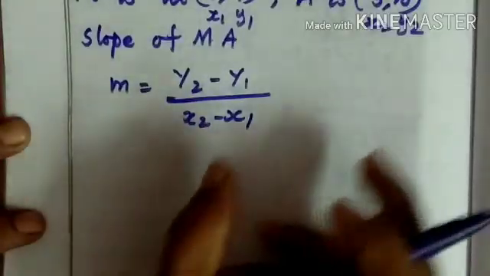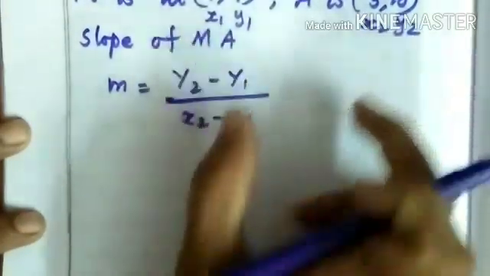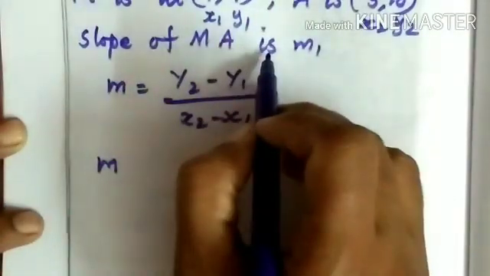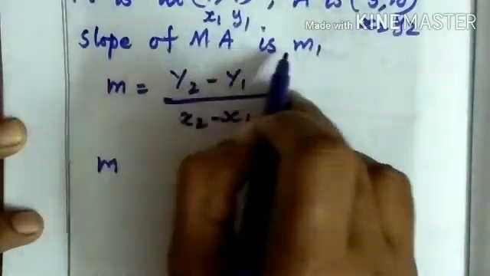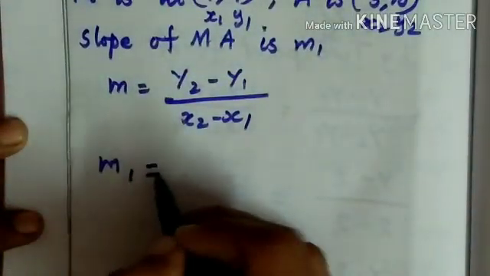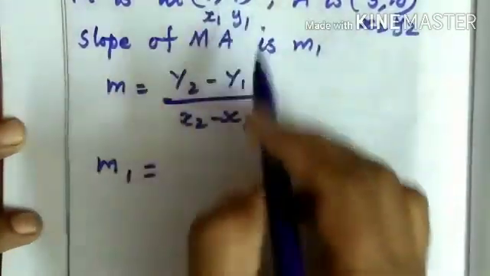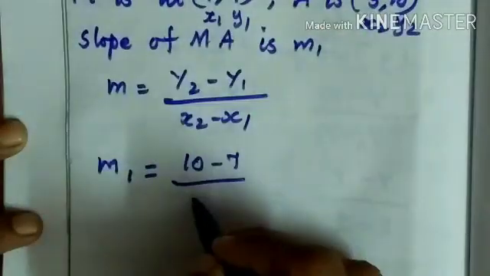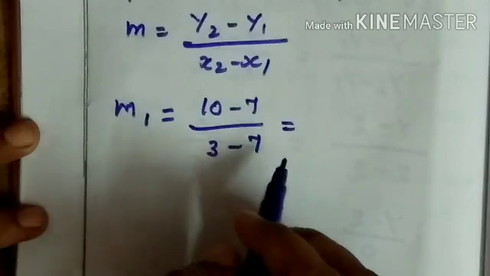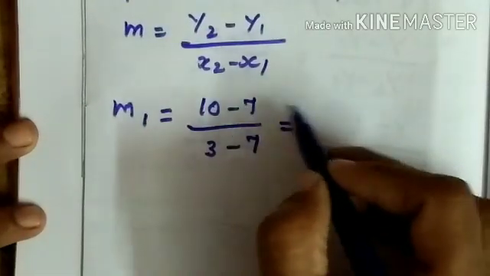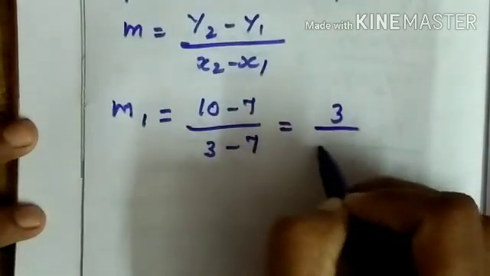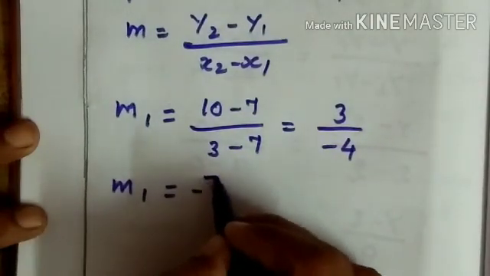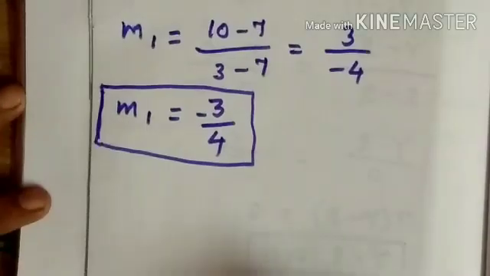Now you have to apply this point in this formula, means we get, let us assume slope of MA is m1, that is m1 is equal to y2 minus y1, 10 minus 7, by x2 minus x1, 3 minus 7. Simplify this, means we get 3 by minus 4. Therefore, m1 is equal to minus 3 by 4.